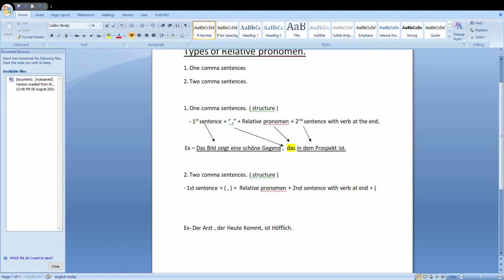Sorry, I was confused with the keys. Then we have the third sentence, which starts with a verb.